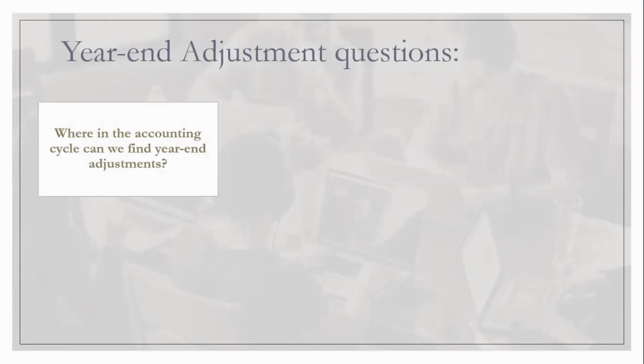All right, the first question. Where in the accounting cycle that we just viewed can we find the year-end adjustments? Anyone have an idea? If I remember correctly, it was step 5, ma'am. Good, all right.